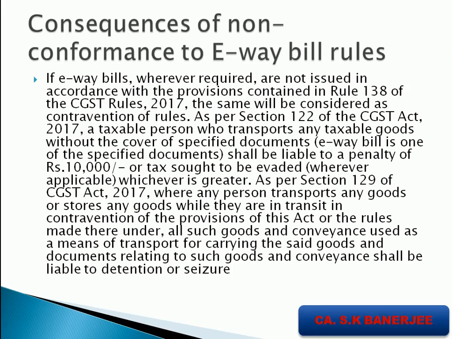Now, consequences of non-conformance with e-way bills. A taxable person who is transporting taxable goods without the cover of specified documents, that is the e-way bill, faces a penalty of ₹10,000 or the tax sought to be evaded. Also, if a person transports or stores goods in transit in contravention of the provisions, all such goods and the conveyance used as the means of transport are liable to detention and seizure.